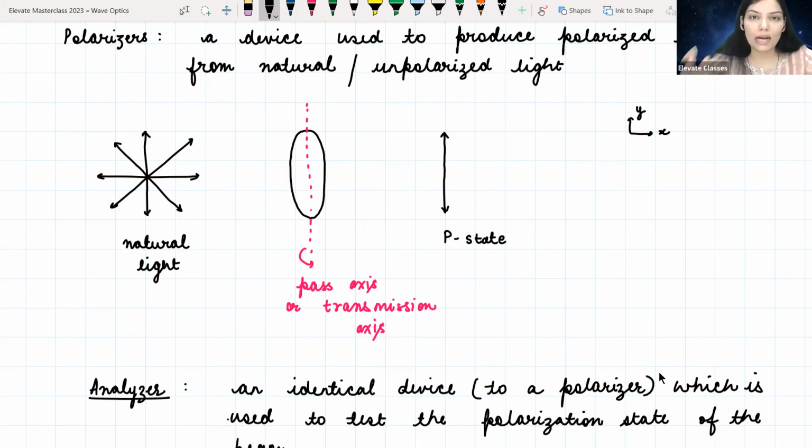When I pass this natural light through a polarizer, I said we can assume one component is completely absorbed and only one component is passed. So if 1000 watt per meter square intensity is falling here, here I will only have 500 watt per meter square.